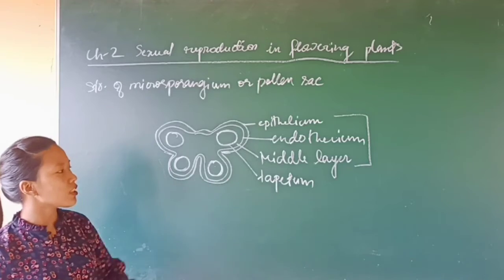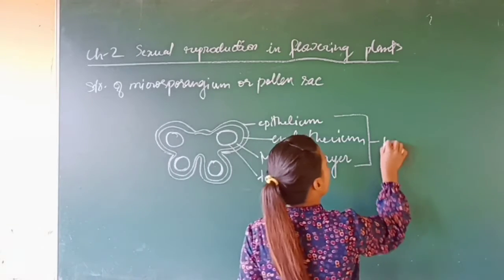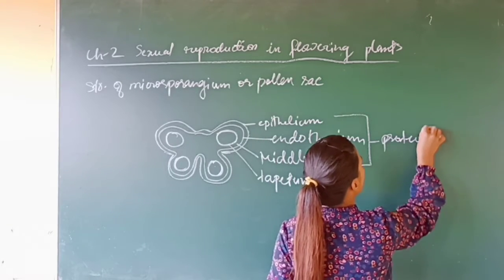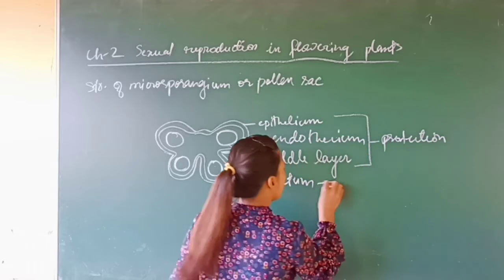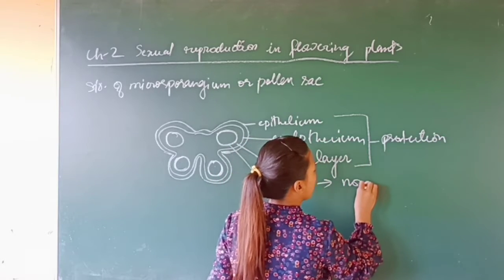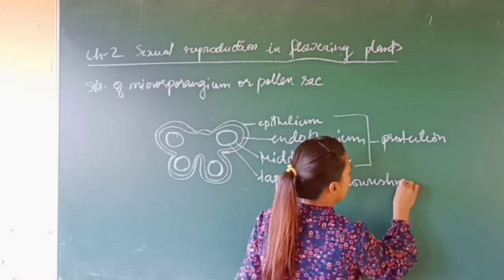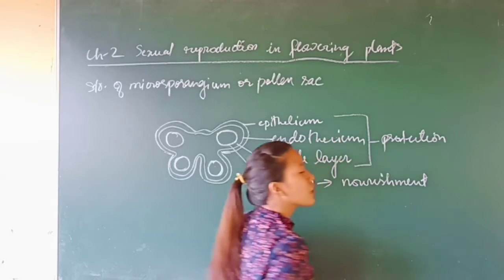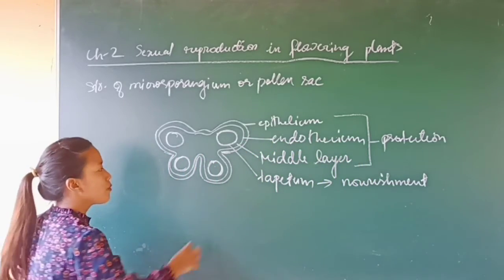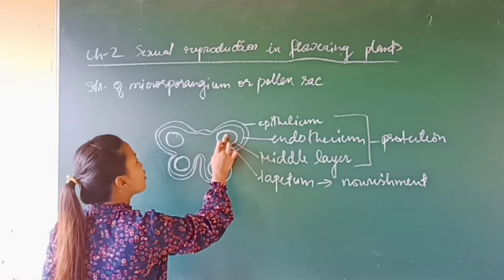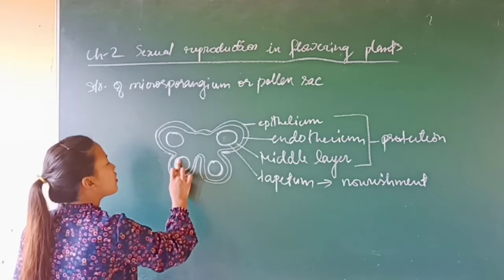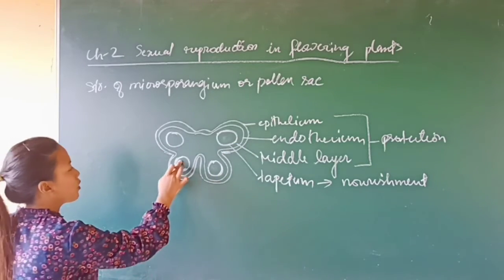They are protective in function, and the tapetum provides nourishment for the developing pollen grains, because pollen grains are going to be produced inside this microsporangium.